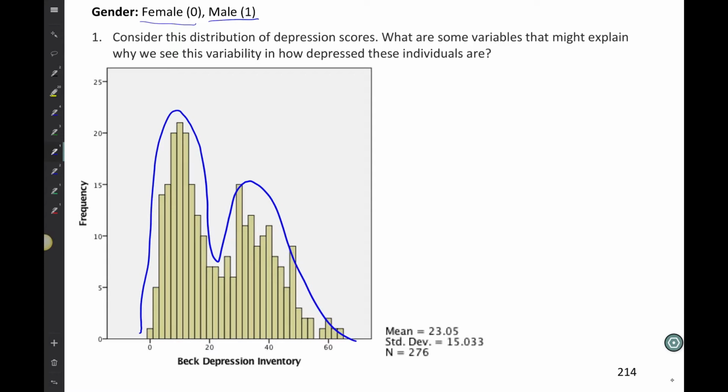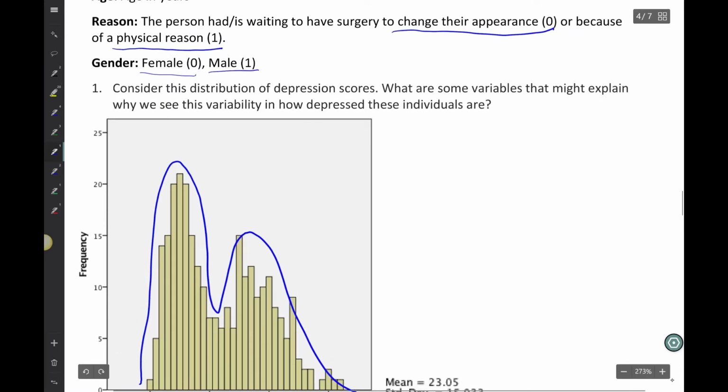shape here. So what are some variables that might explain why we see this variability in how depressed individuals are? Why do we see all these differences in depression levels? So this is one of those where you could start thinking about maybe these are males and these are females, because females tend to have higher depression levels than males.